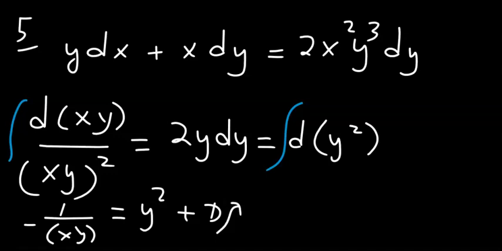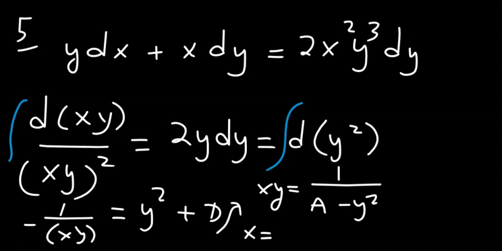Simplifying a little, you get xy equals 1 over minus d minus y squared. You can write the minus d as another constant, let's call it a. So your x can be written as 1 over y times a minus y squared. And that's the general solution.